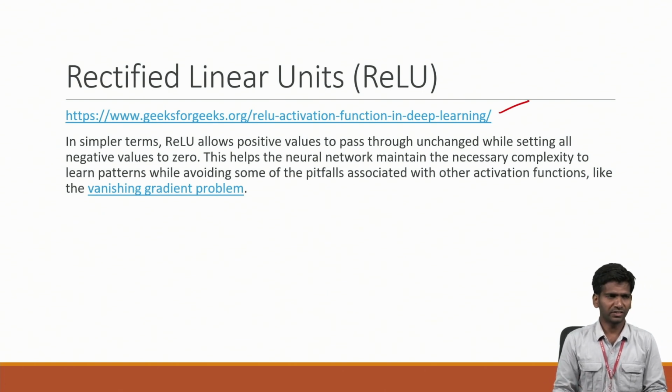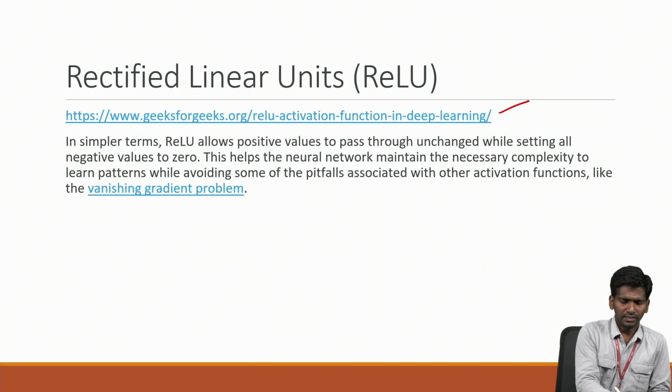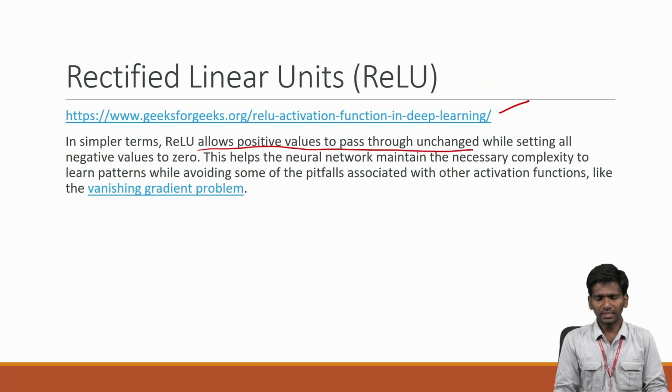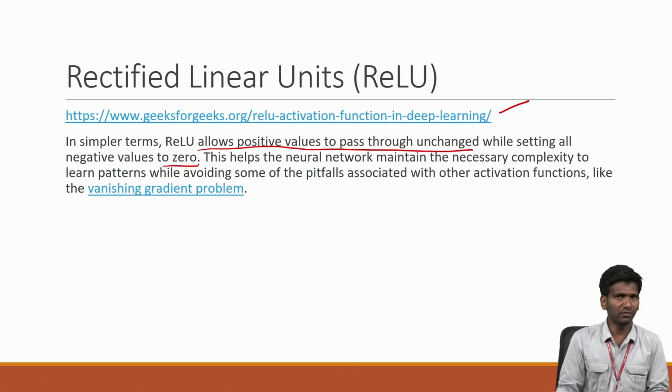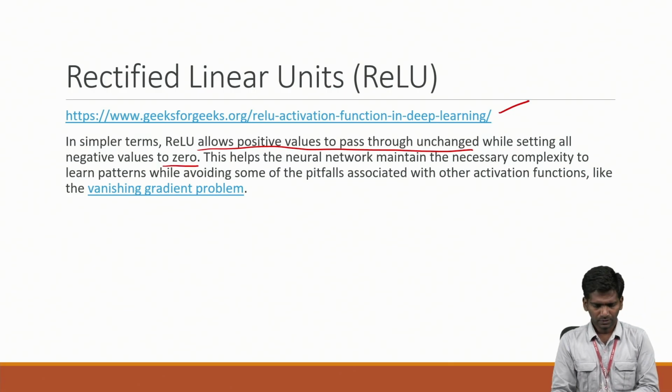In simpler terms, ReLU allows positive values to pass through unchanged, while setting the negative values to 0. It will stop the negative values or weak neurons, in order to overcome the vanishing gradient problem.